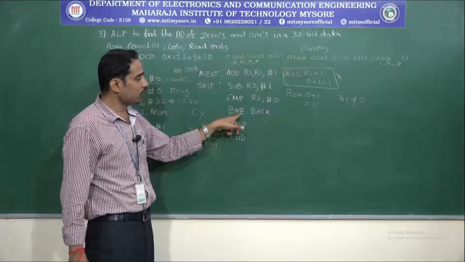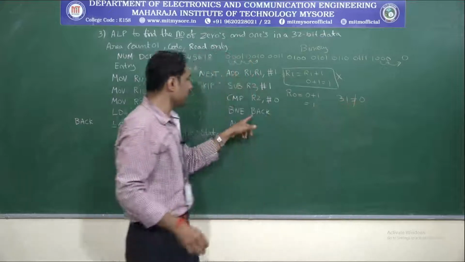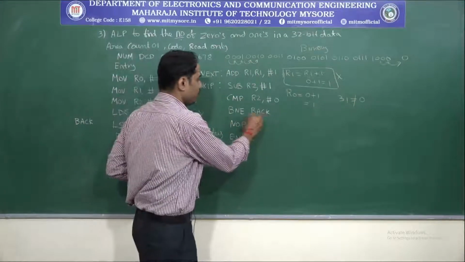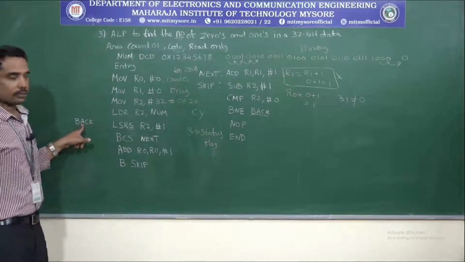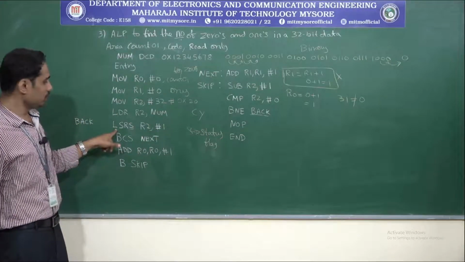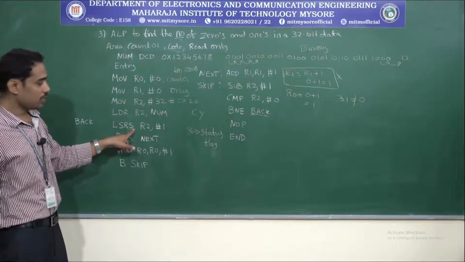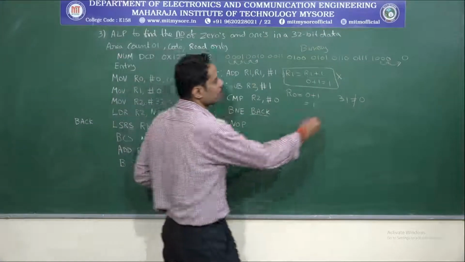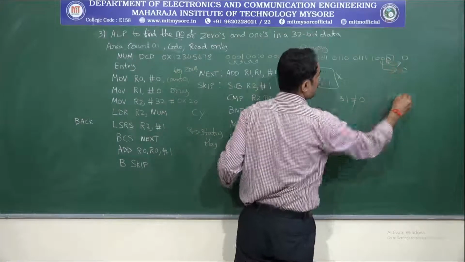It is branch if not equal. Yes, 31 not equal to 0. Then it has to go back to the label back. That is here. The next cycle, logical shift right with affecting the status flag. Then after this 0, next this 0 is coming out.